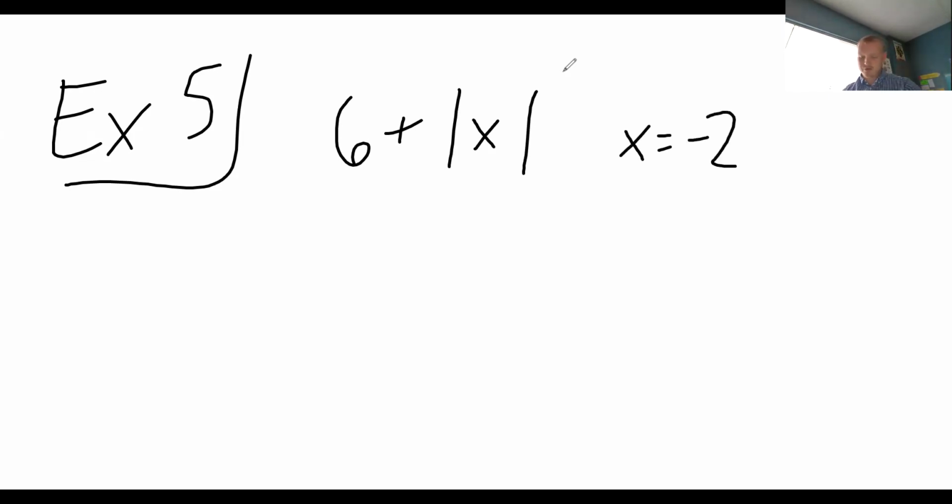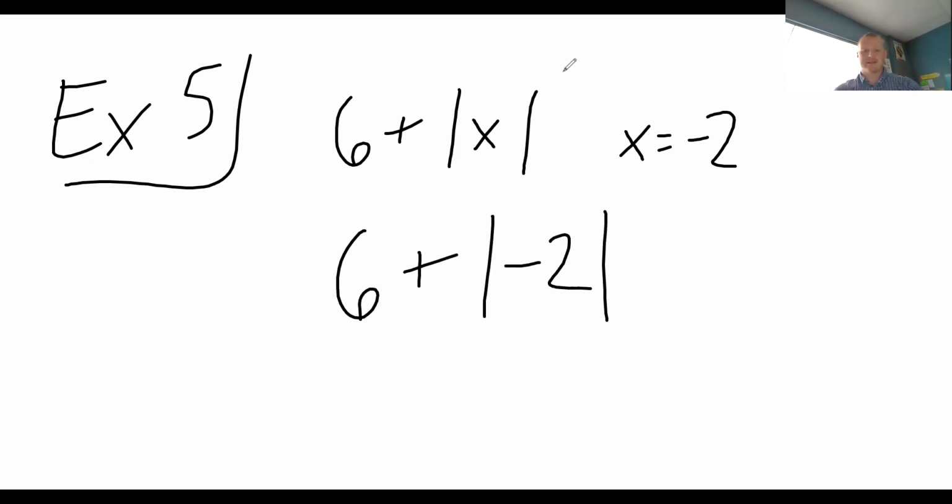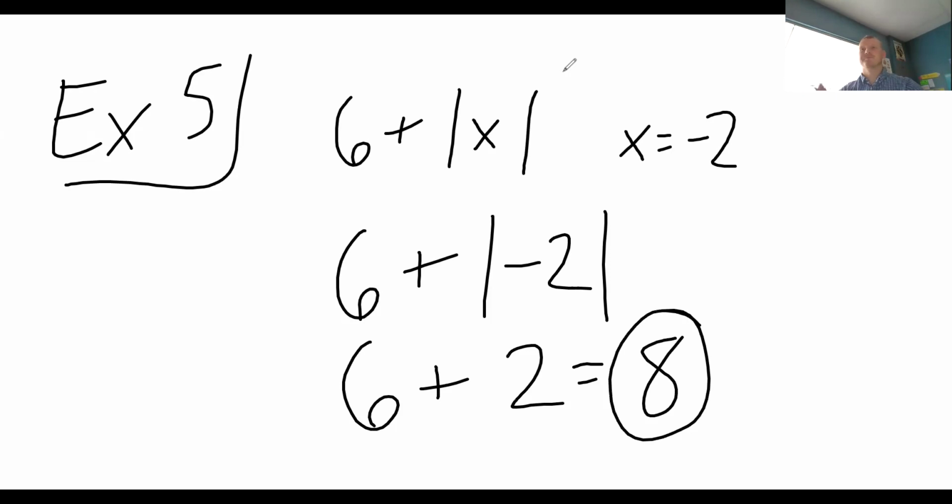So what I'm going to do is substitute the -2 for the x. So 6 plus the absolute value of -2. And then from there, it's the same thing. So 6 plus the absolute value of 2, which is 2. 6 plus 2 is going to equal 8. And that is it.